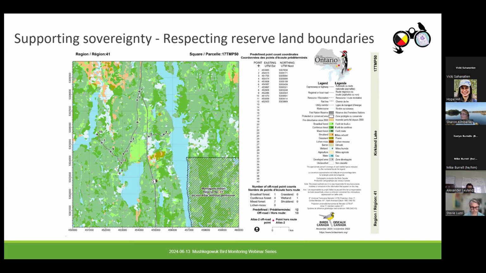So now when you go into the website and you download a square map, if part of that map is reserve land, it's very clearly marked and says clearly do not atlas without permission, because we really want to ensure that only data that has permission from chief and council is shared with the Atlas, or anywhere else that chief and council do or do not want it to be shared.